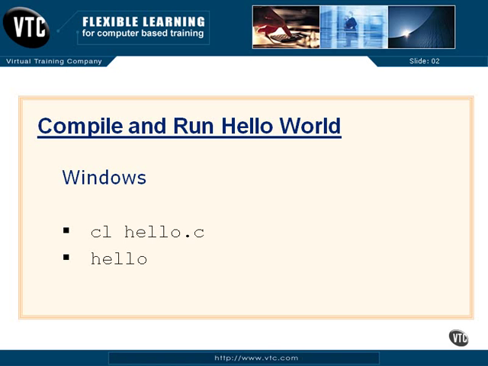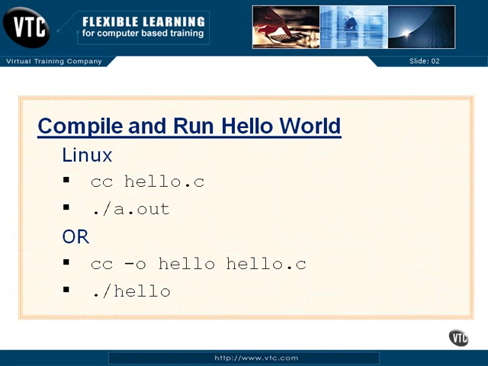Now let's move on to our next slide here. And we're going to do the same thing, compile and run hello world in the Linux environment. And in Linux, we have two different ways that we can do this. One is with cc hello.c. That's our C compiler.